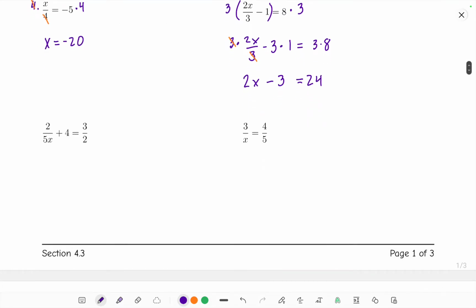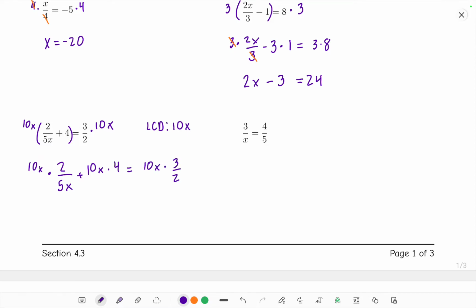2 over 5x plus 4 equals 3 over 2. Well, first we need to find the LCD. The LCD here will be 10x. So I multiply everything by 10x. So we get 10x times 2 over 5x plus 10x times 4 equals 10x times 3 over 2.